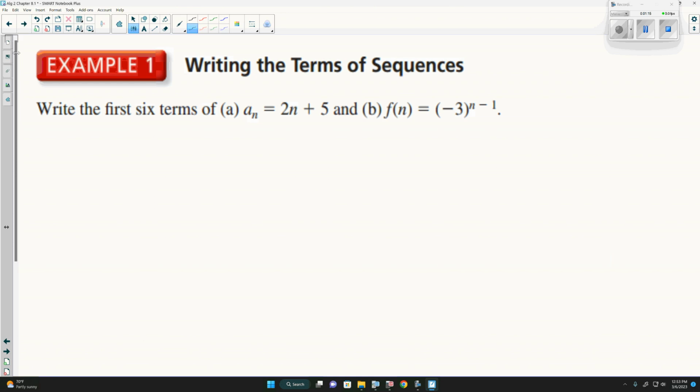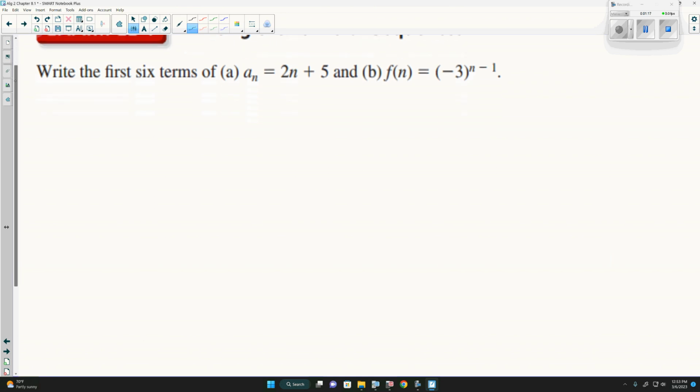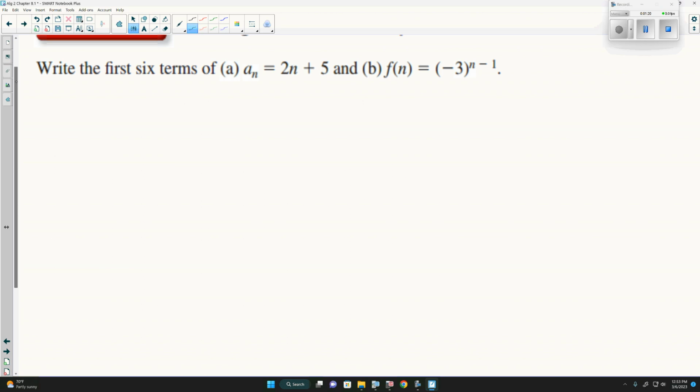So the first thing we want to do for these here is to find the first 6 terms of the given sequence. So for our first one, we have a sub n is equal to 2n plus 5. So if we want to find a sub 1, the first term, we're going to plug 1 in for n.